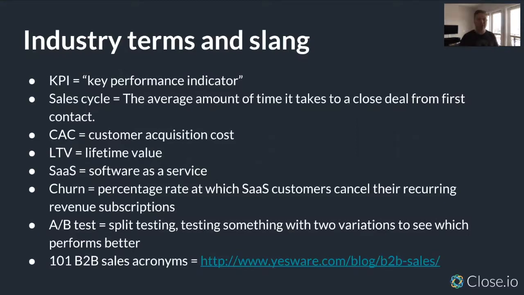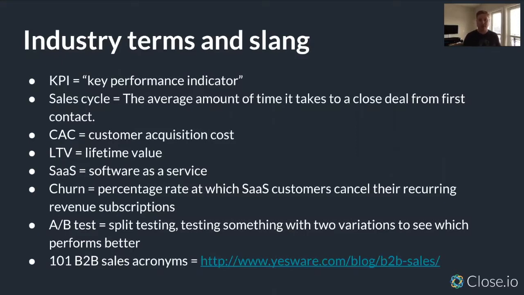So there's a few of them. Again, this is more for the deck and preserving through time. But the big one that I'll mention a lot today is KPI, which is basically key performance indicator. Think of it as one of the most important stats that your company lives by. It's the stat or stats that your company measures success off of.